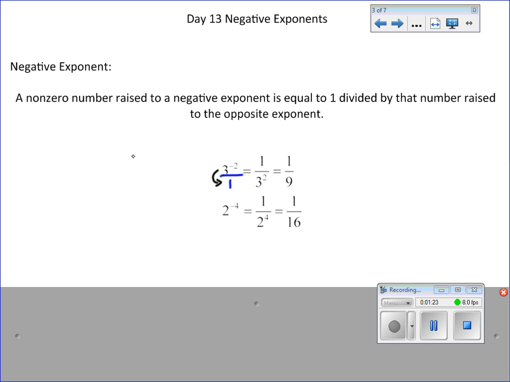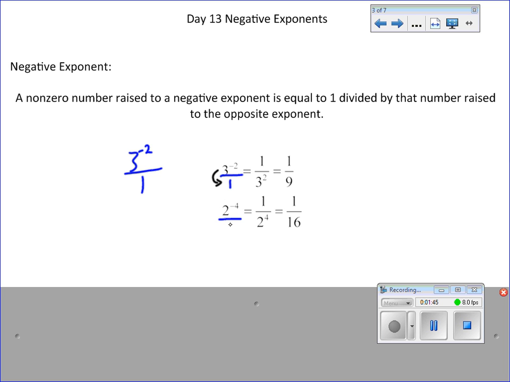And so instead of it being 3 to the negative 2 over 1, we're really going to move it down so that it's 1 over 3 to the second. By moving this from the top to the bottom of the fraction, it changes that exponent from a negative to a positive. And now we can recognize 3 to the second power, and we can simplify that down as 1 ninth.